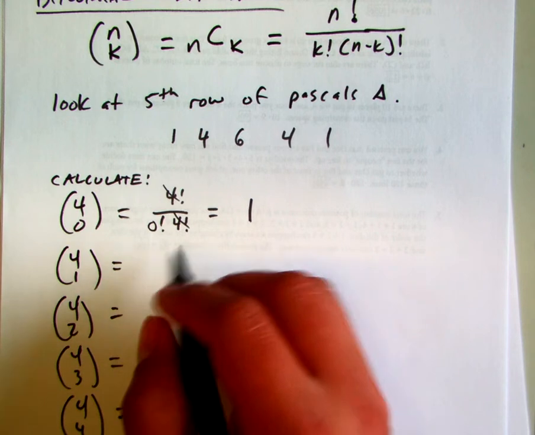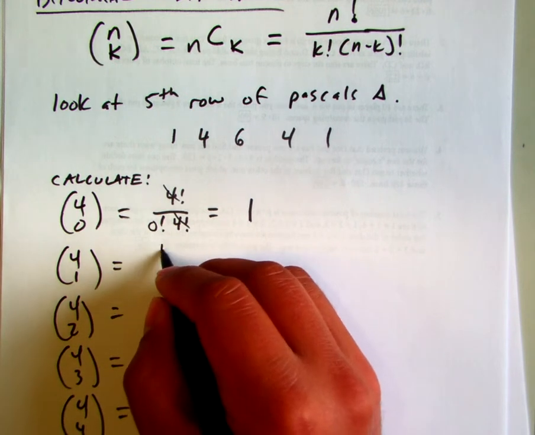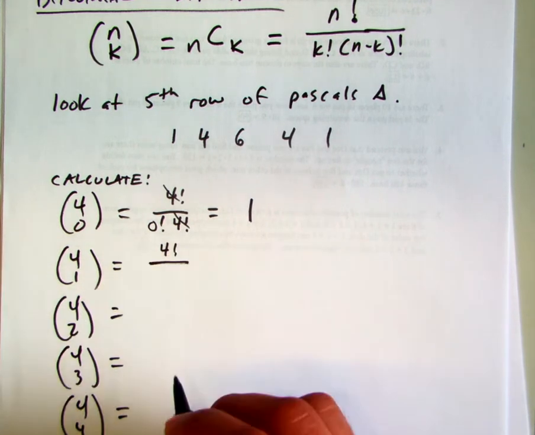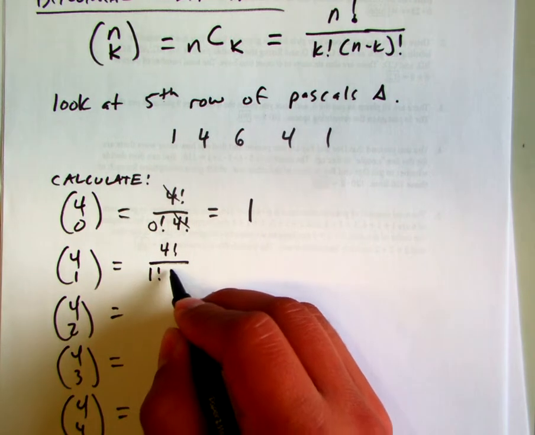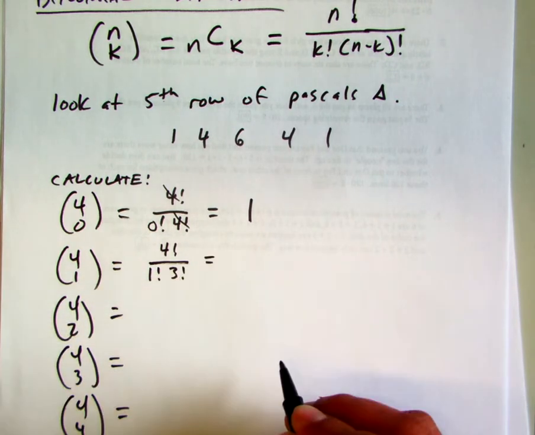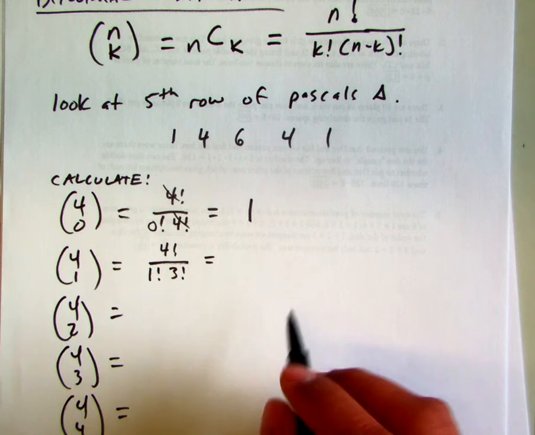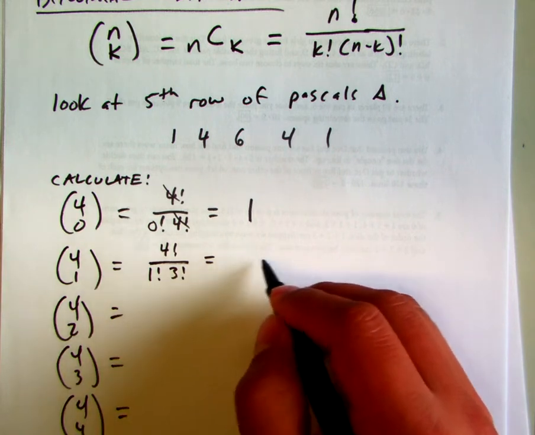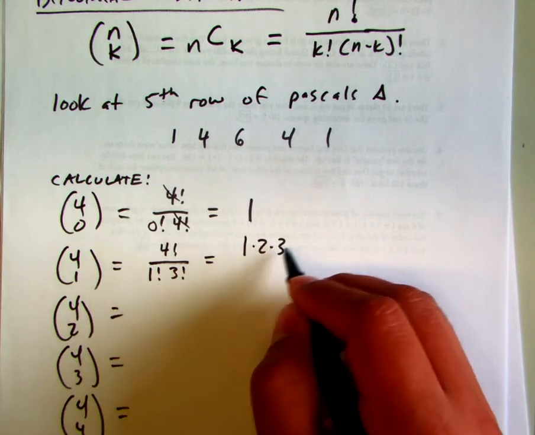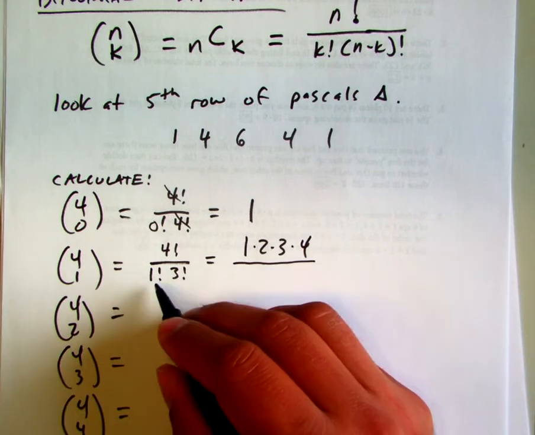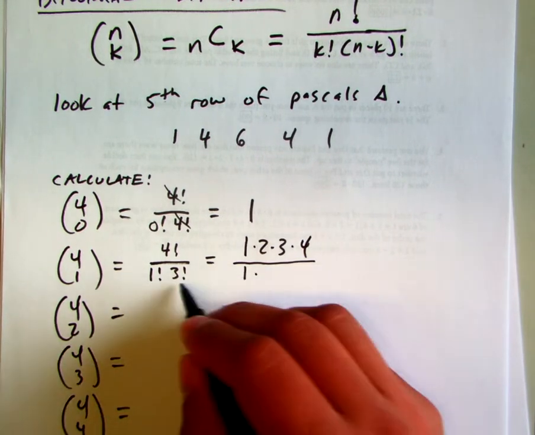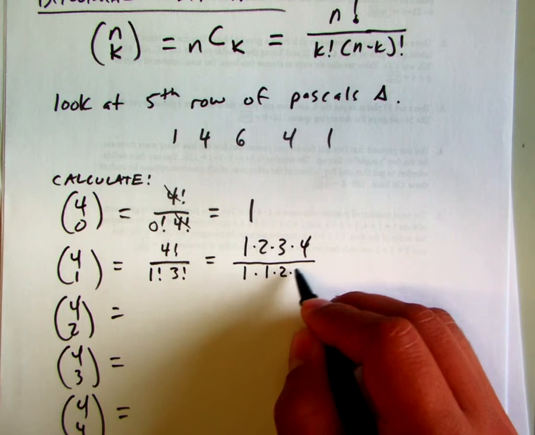The next one is 4 factorial over what? 1 factorial and 3 factorial. This may not be as easy to see, so let's write it out. 4 factorial means 1 times 2 times 3 times 4. 1 factorial is just 1. 3 factorial is 1 times 2 times 3.